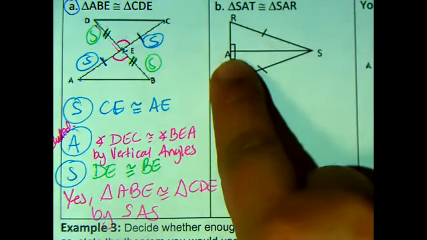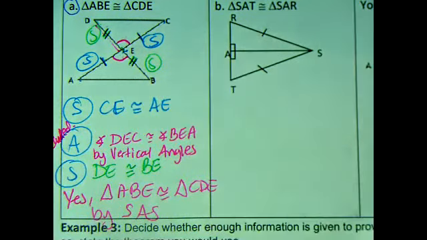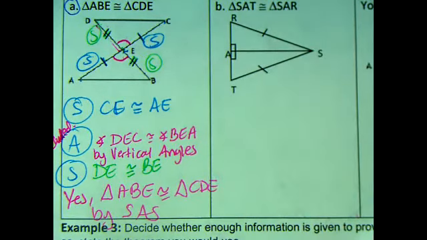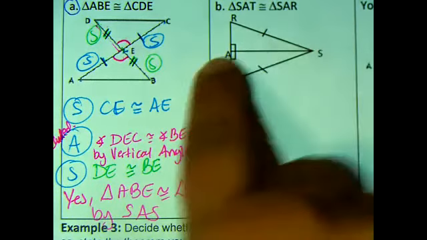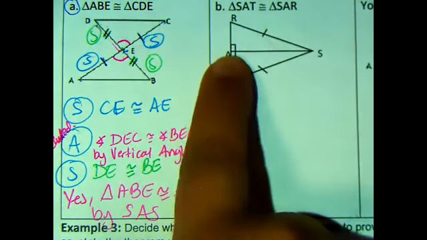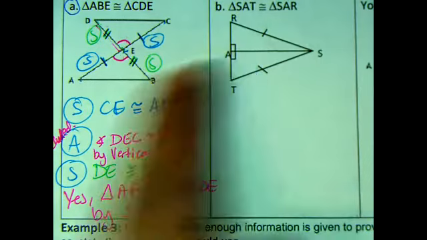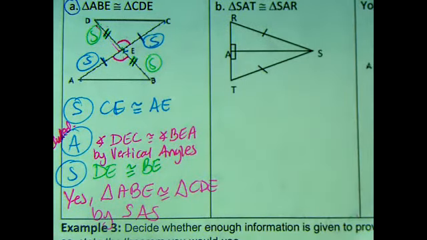They're both boxes, which tells me that they're both 90 degrees. If they're both 90 degrees, then they're congruent for those angles. So angle SAT, this angle right here, and angle SAR, that angle right there, are congruent to each other. So I have a congruent side and I have a congruent angle.